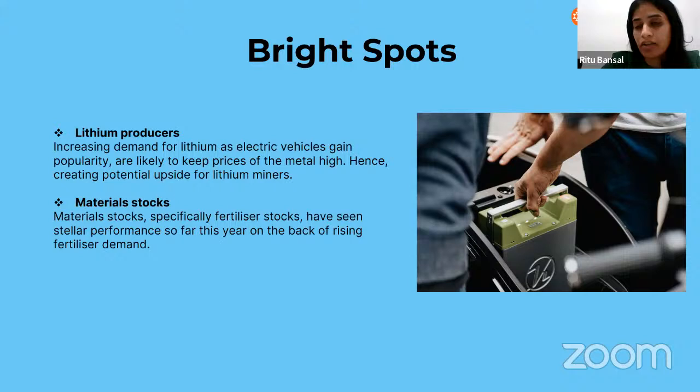Because when you look at technology, that has corrected significantly. When you look at materials, or industrials, or healthcare, or energy, or banking, banking has been one of the biggest outperformers in October. We see the Dow Jones gaining 14%, and most of the rally has come from the banking sector.